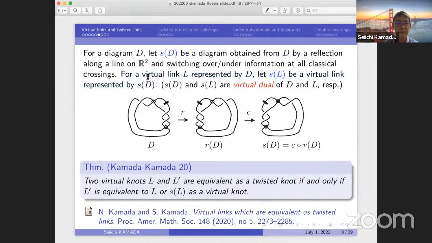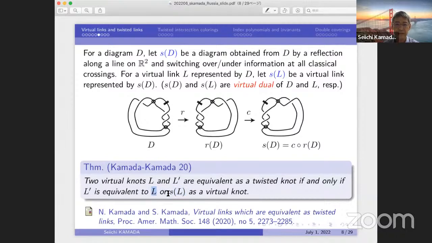For a virtual link L represented by diagram D, let SL be the virtual link represented by SD. Then SL is a virtual dual of L. Here's a theorem. For virtual knots, meaning virtual links with one component, L and L prime are equivalent as twisted knots if and only if L prime is equivalent to L or SL as a virtual knot.